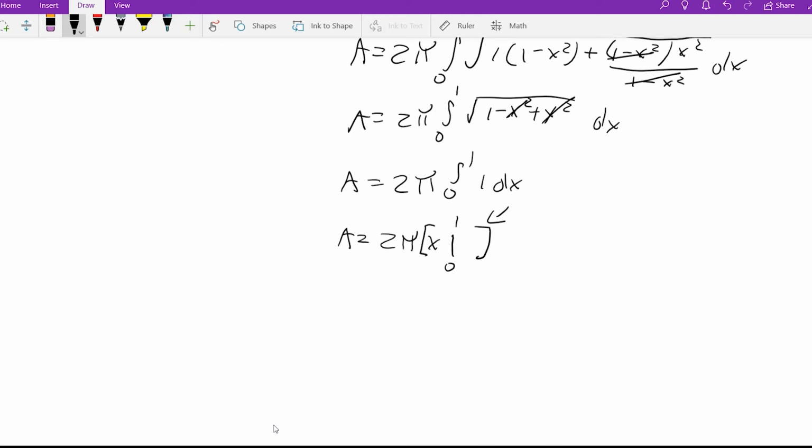Solving the equation, the result is going to be area is equal to pi times 1 minus 0, and we cancel out this, and it's equal to pi times 1, that is equal to pi, and that's it, just the units.